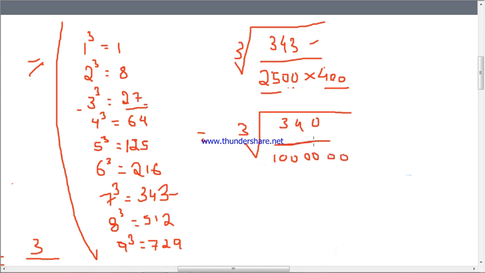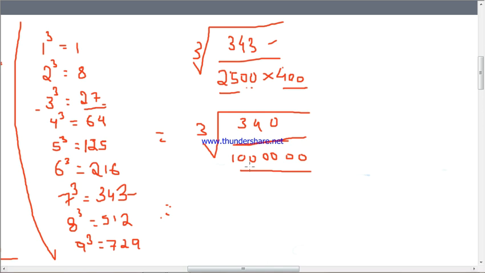Now you see, is this a perfect cube? If you count the zeros over here, 1 2 3 4 5 and 6, we have 6 zeros.